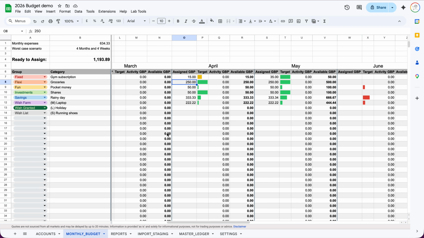And if you are very eagle-eyed, you'll also notice how the ready to assign money is dropping.